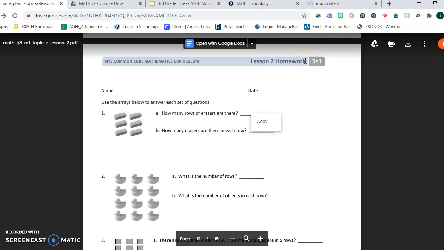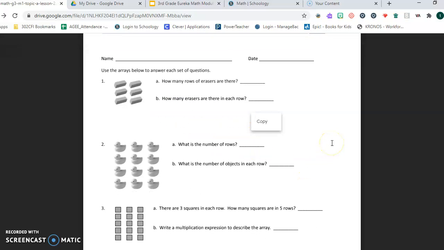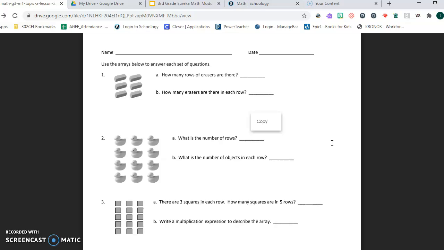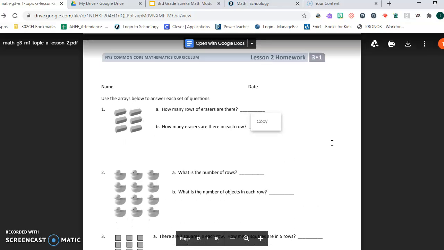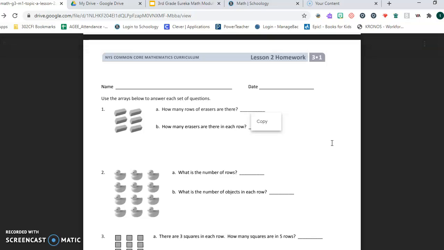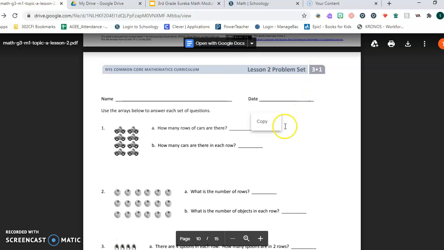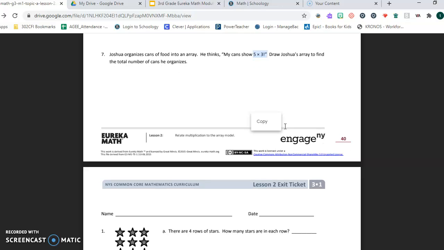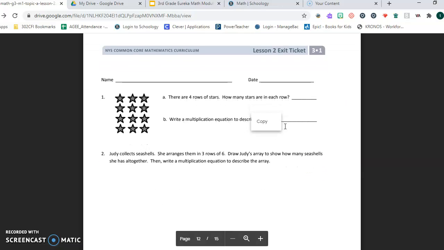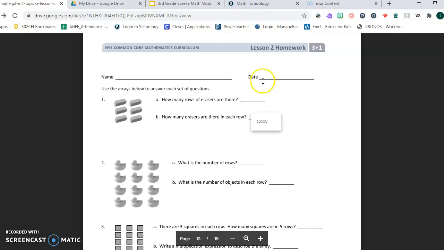It's the same idea as the first 2, just different problems, and you will get some extra practice, and it reinforces the skills and the connections that we're trying to help you make. That is not part of the official assignment. However, I do think that it's a good idea for you to get that extra practice. So just to recap, the assignment is lesson 2 problem set, which is the first 7 problems. And then for an extension and reinforcement, lesson 2 homework.